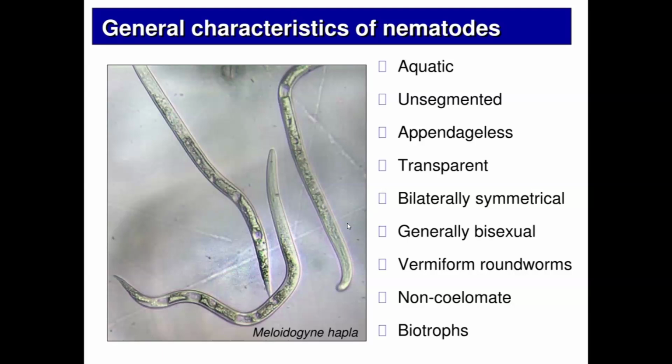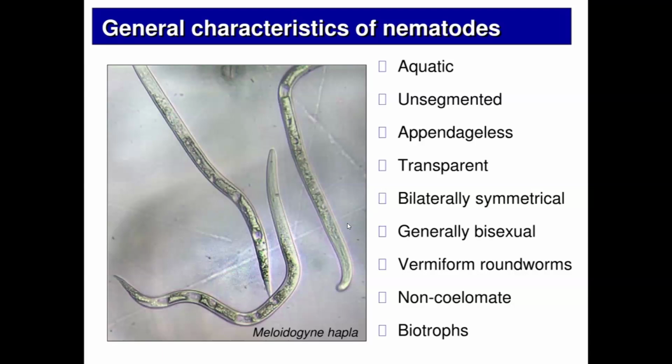Unlike the earthworms, nematodes are not segmented. They are unsegmented, smooth and transparent. You could see all their organs just by looking at them under the microscope.